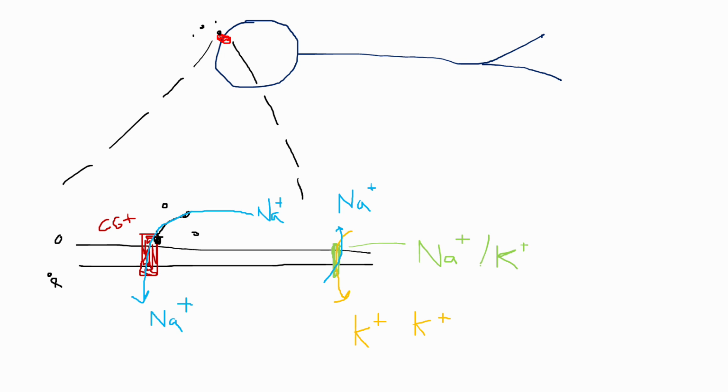So this is a positively charged ion. Our resting membrane potential is negative 70 millivolts. Well, now let's say we're a little bit less, right? Let's say this signal is reinforced along the way. So we'll have some other chemically gated cation channels that are being activated.